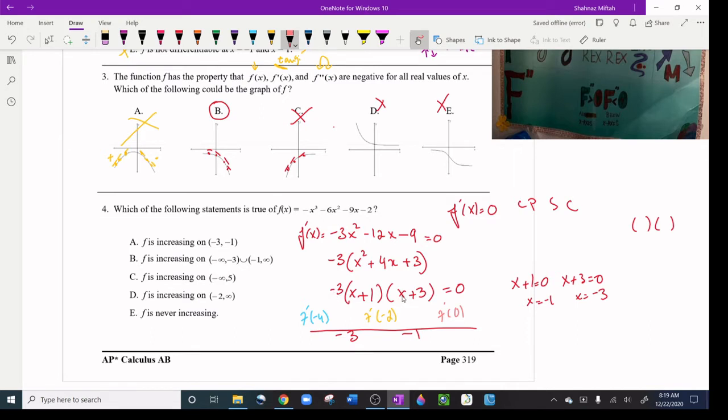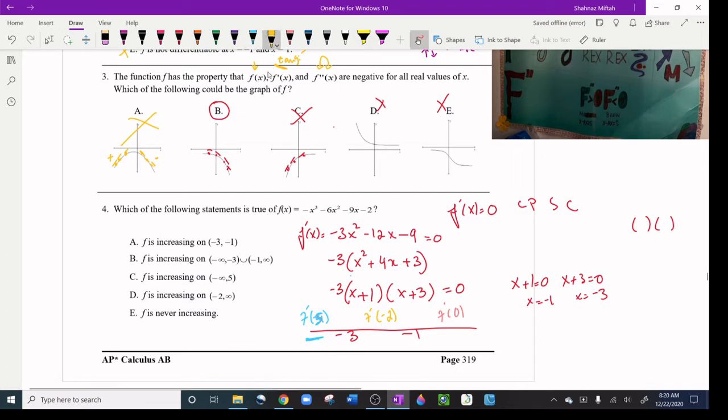And this is 0, so negative 3 is going to give me 0, which I don't know what the sign is. So let's try picking negative 5 instead and see if it gives me some number. Negative 5 plus 1 is negative 4, and negative 5 plus 3 is negative 2. Negative times negative is positive, and negative 3 times positive is going to be negative.